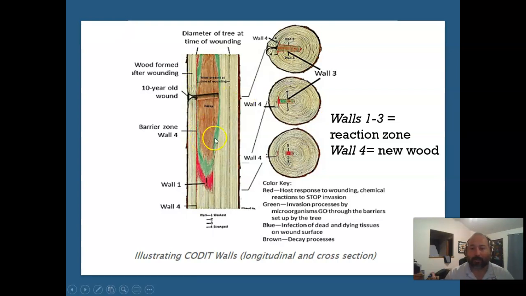So we're going to set up these multiple walls of protection against it. Now, sometimes it's going to break through the walls, but usually it won't get through all the walls. And the idea is that if we can get wall 4 established, which is the new wood, then we can kind of cut it off.